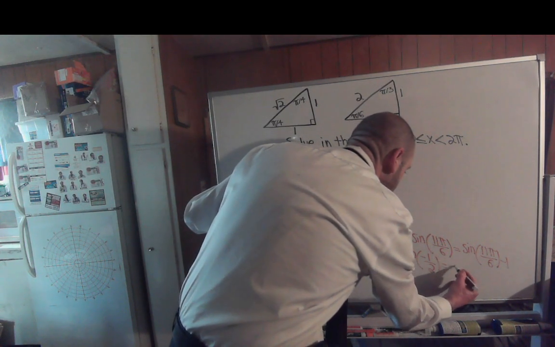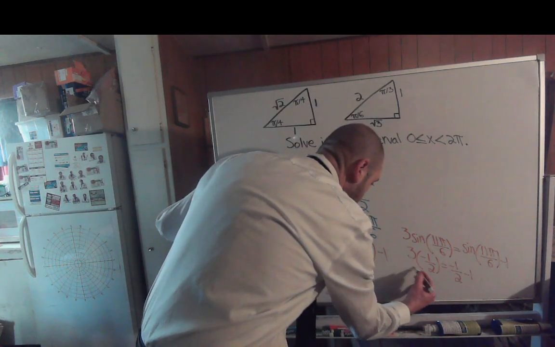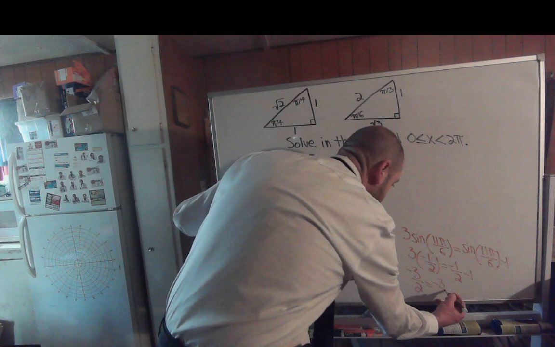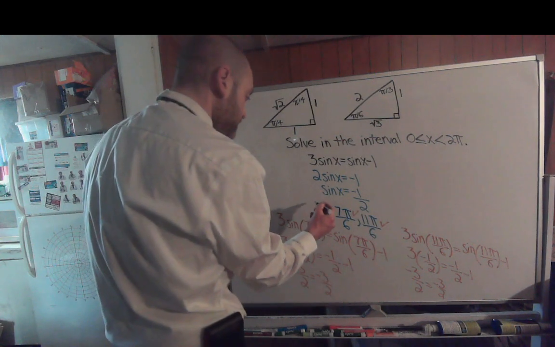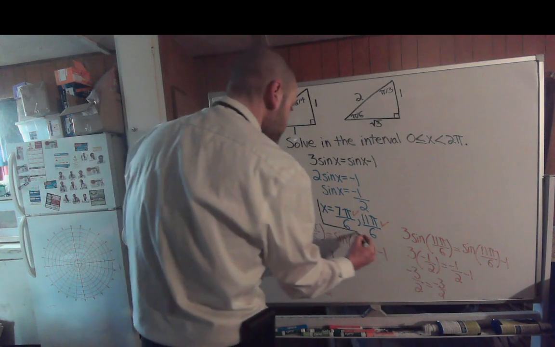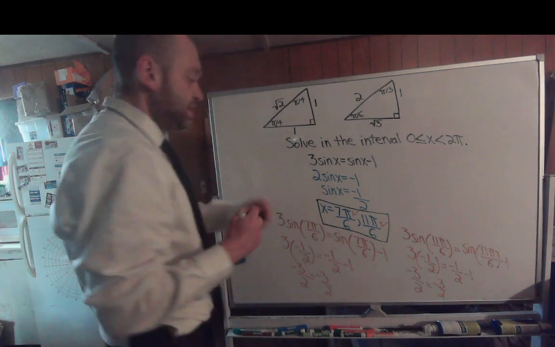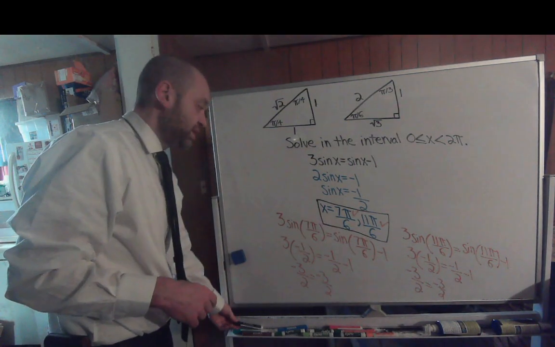That would be equal to negative 1/2 minus 1, which would give you negative 3/2 equals negative 3/2. So that 11 pi over 6 also holds. So your two solutions to this particular equation for the interval from 0 to 2 pi is you get x equals 7 pi over 6 and x equals 11 pi over 6.